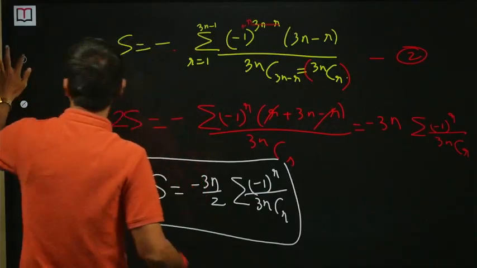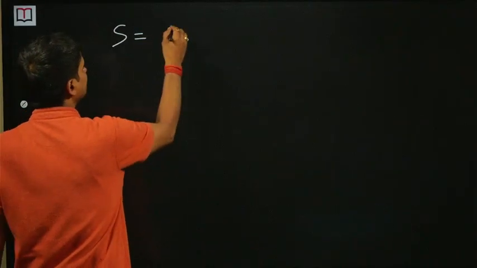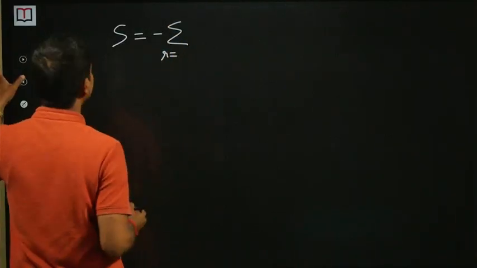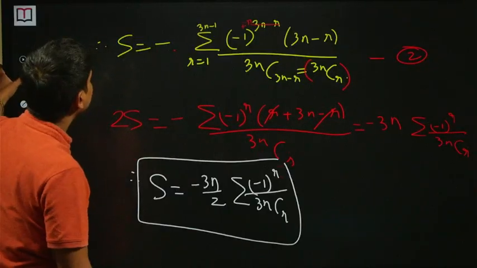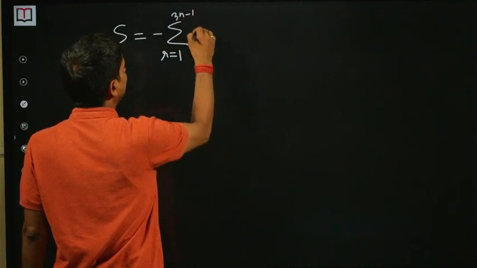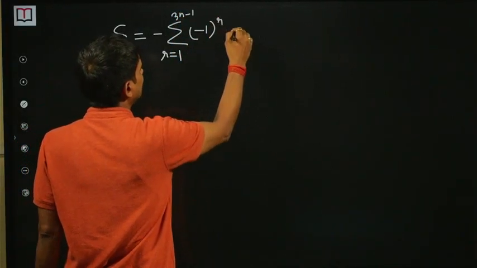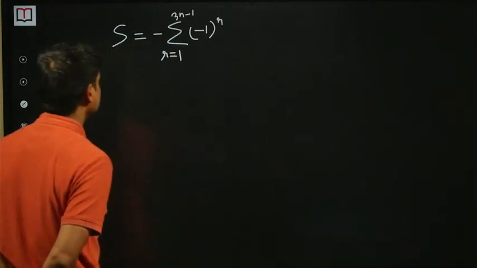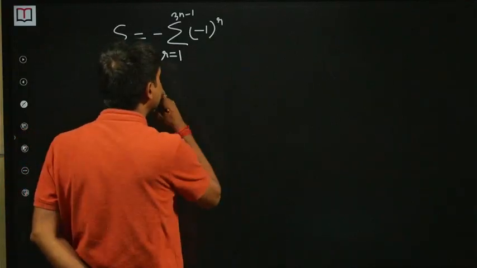So now see, one more way we can try is minus times summation r goes from 1 to 3n minus 1 of minus 1 raised to the power r times r upon 3n choose r.